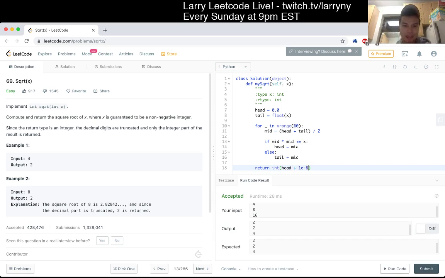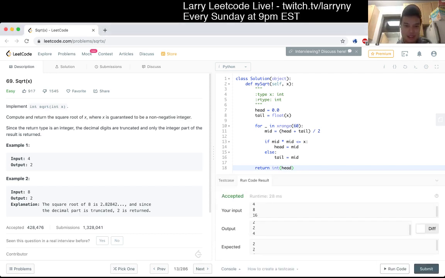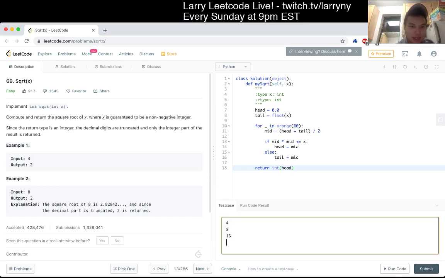What is like a big... Maybe this is actually a little bit scary of an epsilon if the numbers get big enough, but okay. Let me try some additional number, non-negative, and then 2 to the 31.